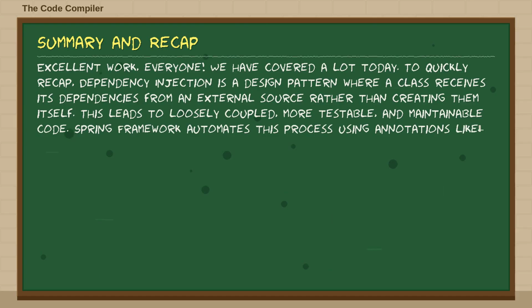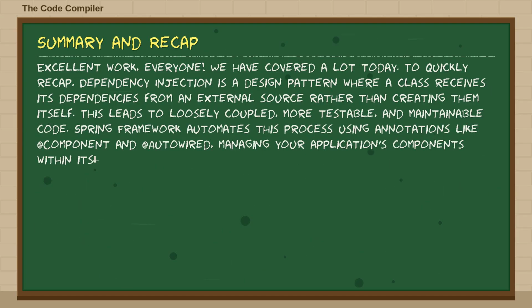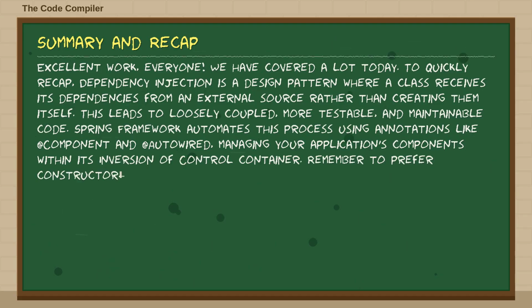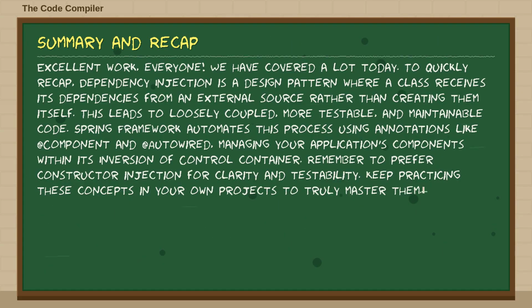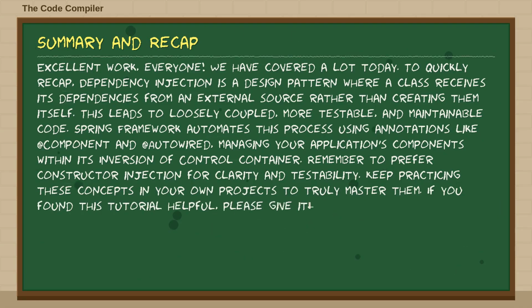Spring Framework automates this process using annotations like @Component and @Autowired, managing your application's components within its inversion of control container. Remember to prefer constructor injection for clarity and testability. Keep practicing these concepts in your own projects to truly master them.